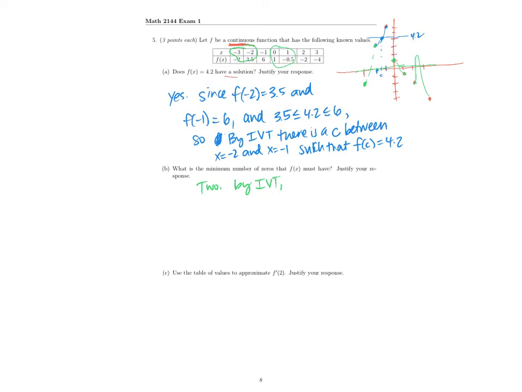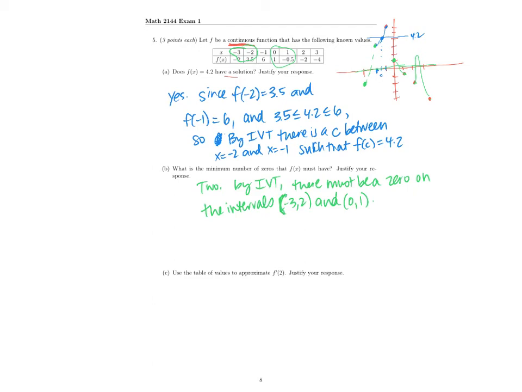There must be a 0 on the intervals -3 to -2 and 0 to 1. So we have 2 intervals where we definitely are going to have a 0.